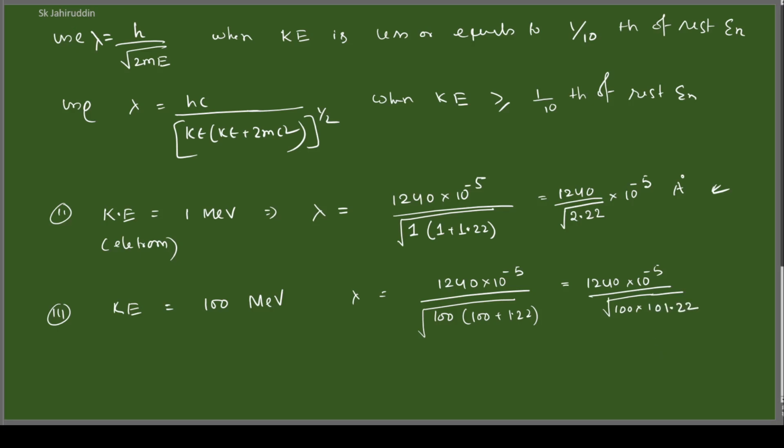So this is approximated as 100, divided by 100. It will be 12.40 into 10 to the power minus 5 Angstrom. So as the kinetic energy increases, the effect of rest mass is very less, and of course the lambda gets shorter and shorter. As the energy is low, the wavelength is high.